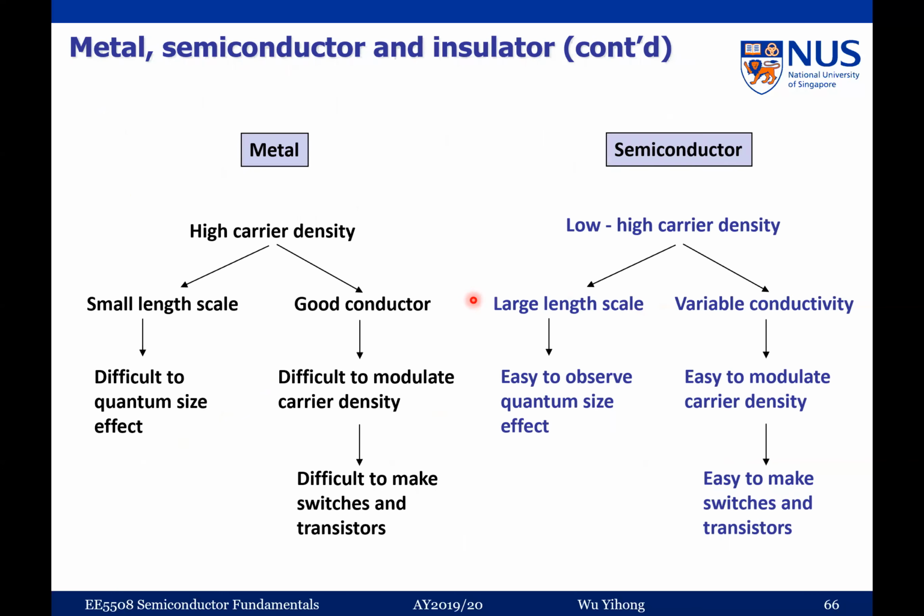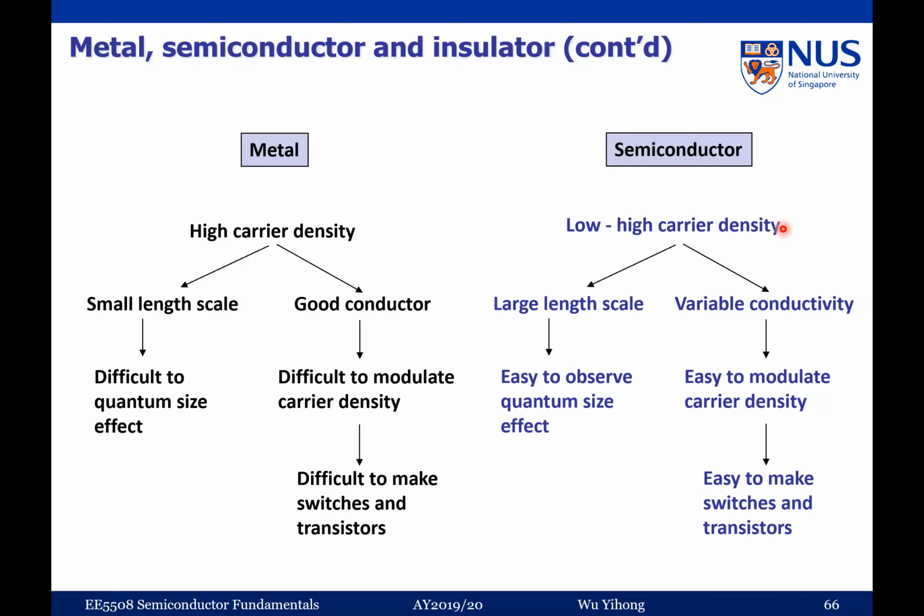I already mentioned this in the introduction when we talked about why we need semiconductors. So basically, if you compare metal and semiconductor, since we already talked about Fermi wavelengths and all of this, this is already explained. Basically, metals have a very high carrier density, while in a semiconductor you can control it, from low to high, so you can change the carrier density.